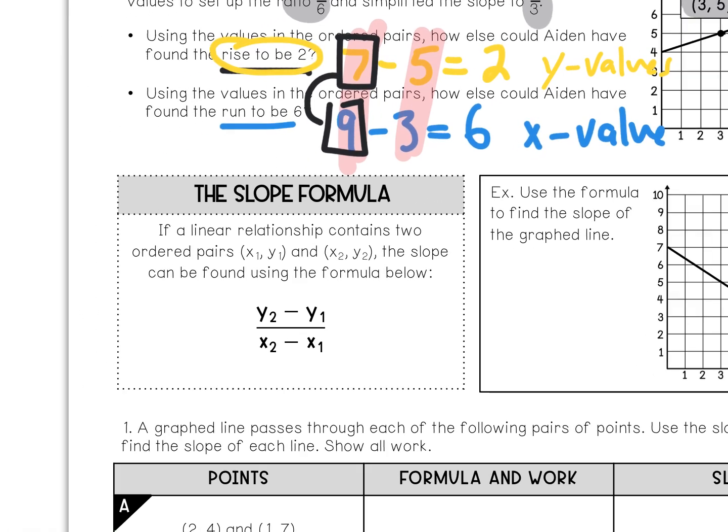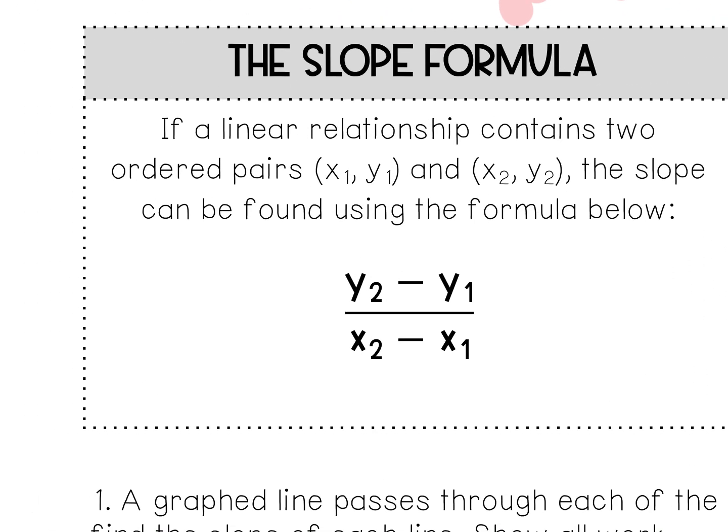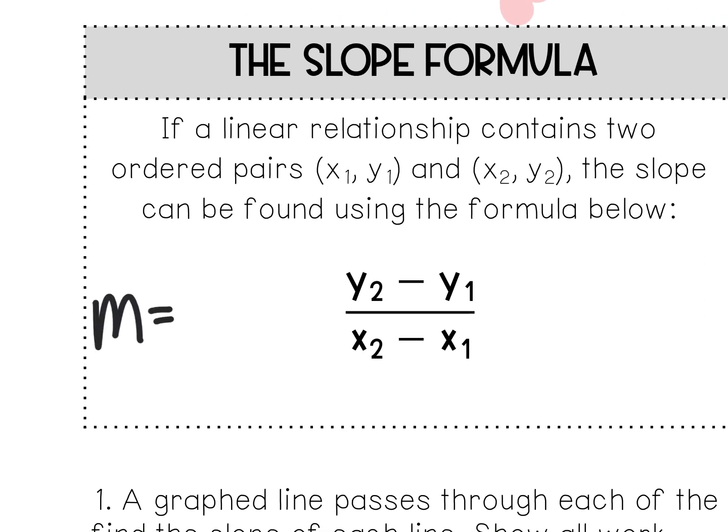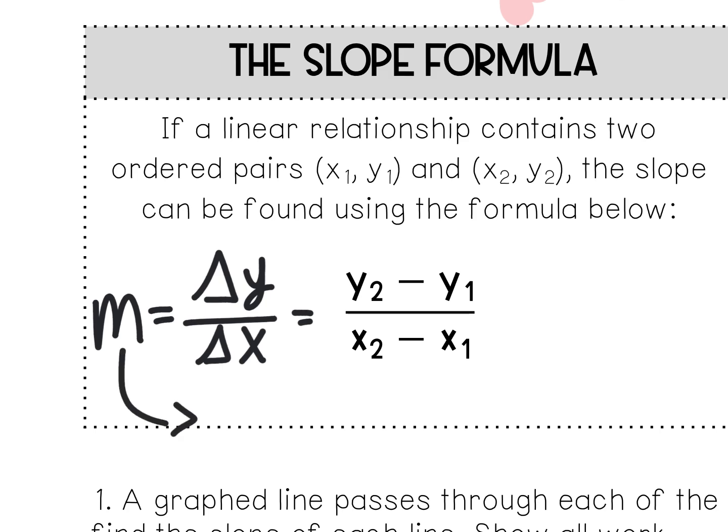And so that formula is given by this right here. M equals change in y over change in x. And from now on, this means slope. Okay? So anytime you see the letter M in here for the next several weeks, it's going to be considered slope.